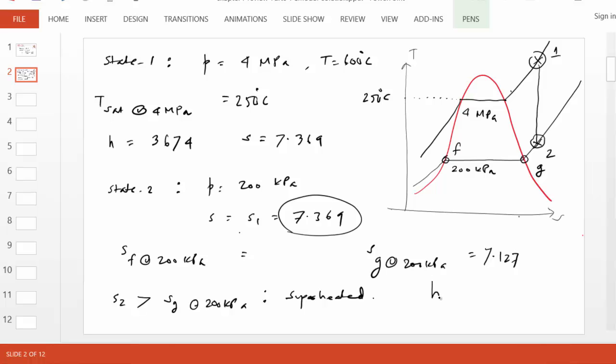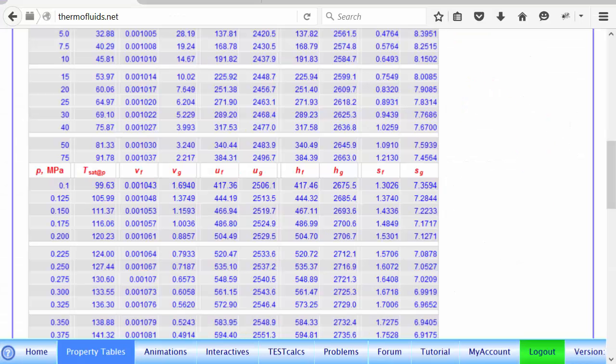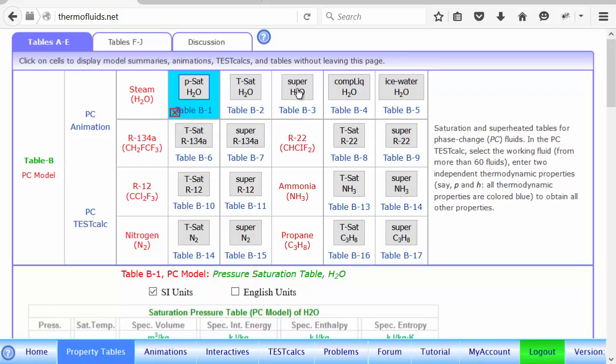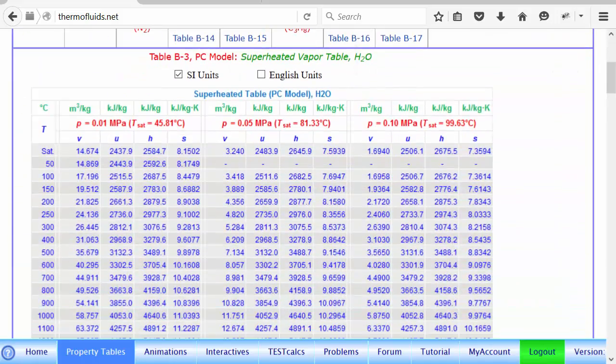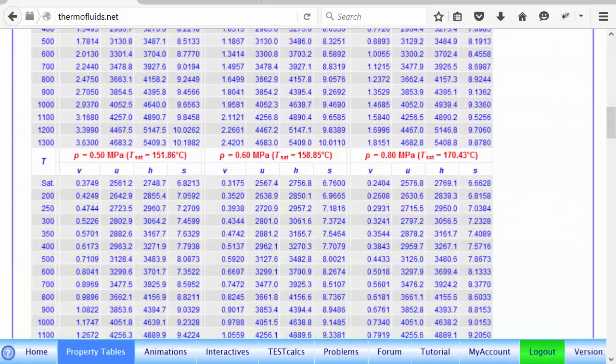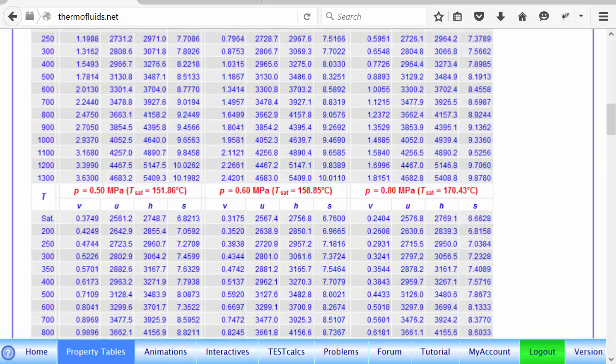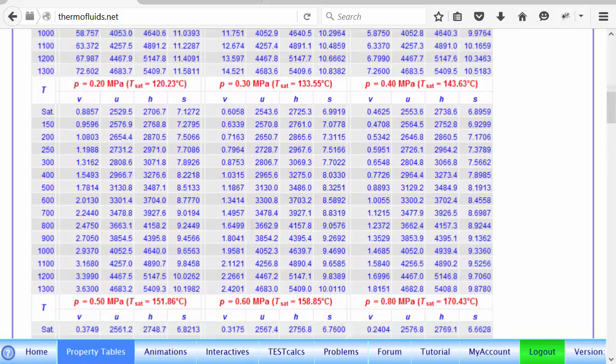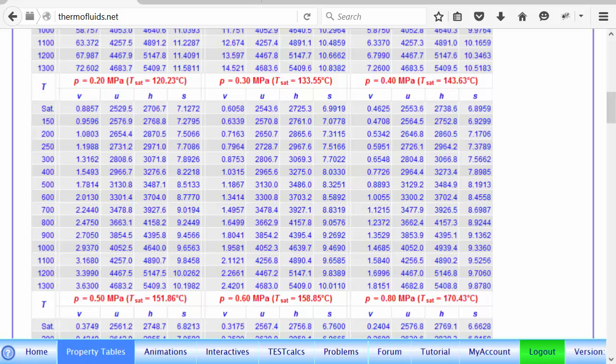So now we can pick up the enthalpy quite easily. We go back to the superheated table, and go back to the 200 kPa, which is 0.2 MPa line, and look for entropy to be 7.369, which is somewhere in between these two lines.